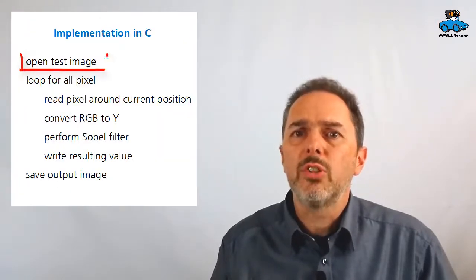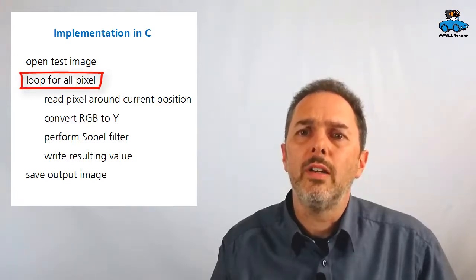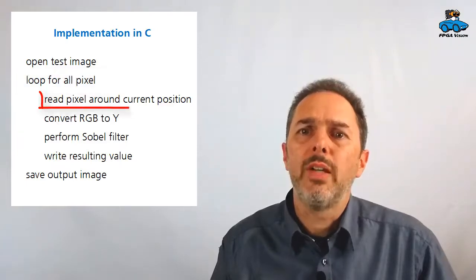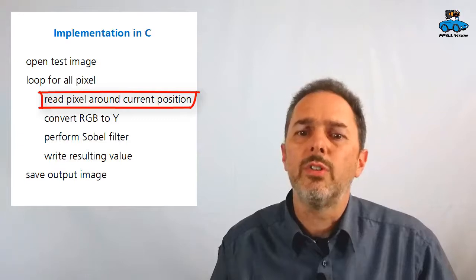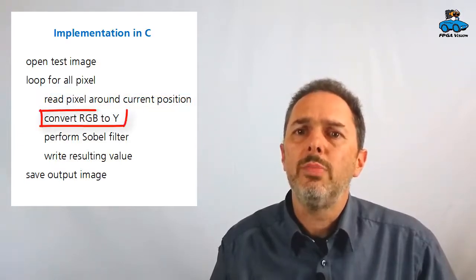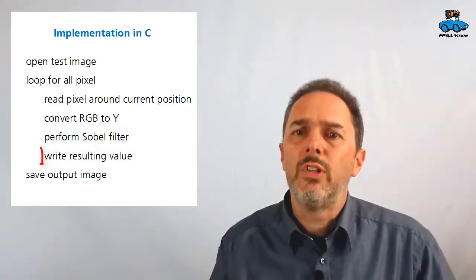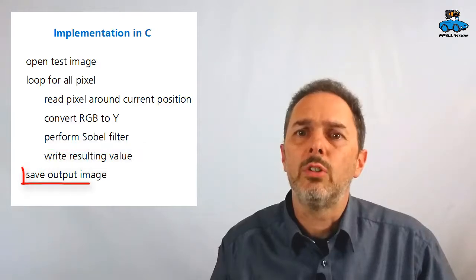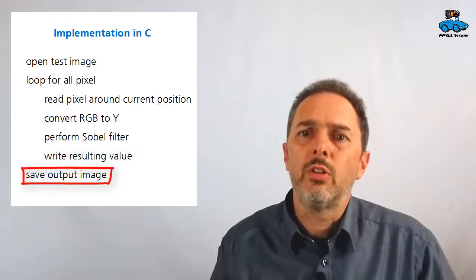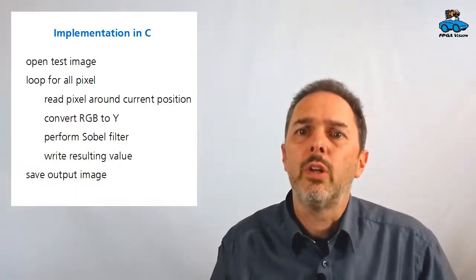First you open the test images, then you have a loop for all pixels in X and Y for the image, and for every pixel you do a processing of reading the pixel around the current position. You convert the RGB to the luminance, you perform the Sobel filter, write the resulting value to the image, and then after you completed the loop, you write the complete image back to the file and can check what the result of your processing is.